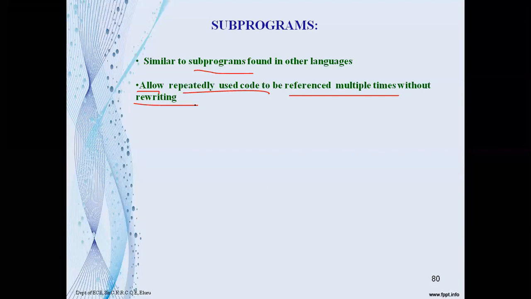For example, you can write a NAND gate as a subprogram, and you can call that NAND gate subprogram in your VHDL code whenever you require to use that NAND gate. So the advantage is that it allows repeatedly used code to be referenced multiple times without rewriting.